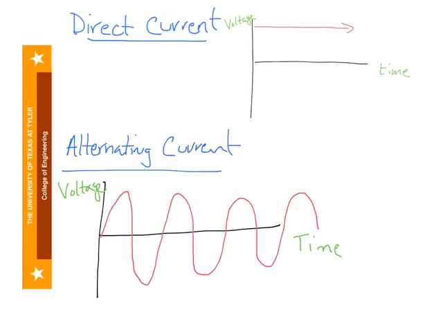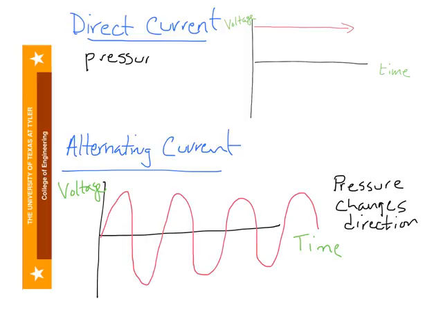And in this case, the pressure in the pipe changes direction, whereas for direct current, the pressure is constant in one direction.